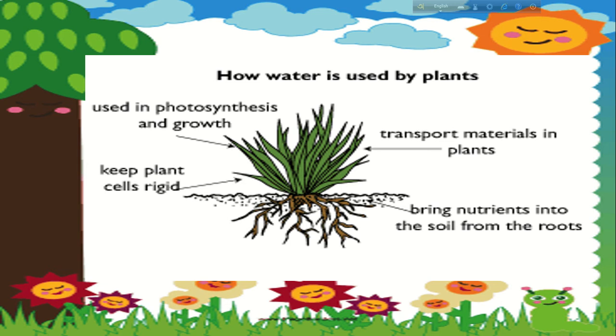How is water used by plants? Here we are observing the plant and the roots penetrate deep into the ground. So water is used by plants in photosynthesis and their growth, to keep plant cells rigid and firm. Here it transports materials in plants and also brings nutrients into the plant from the roots.